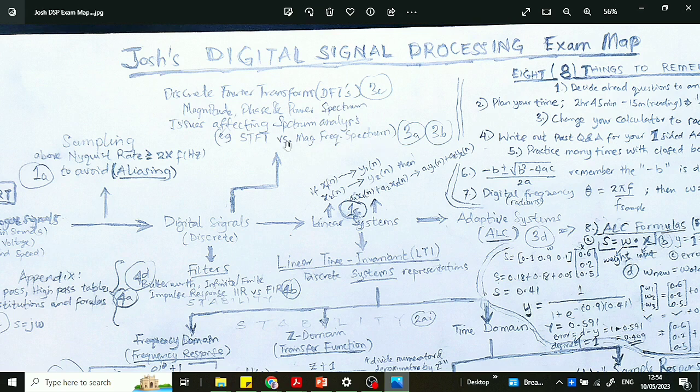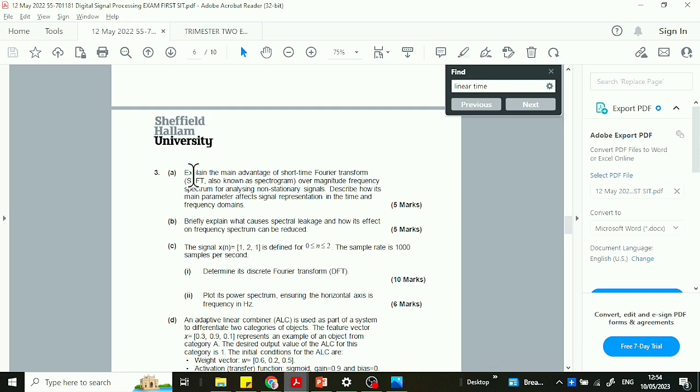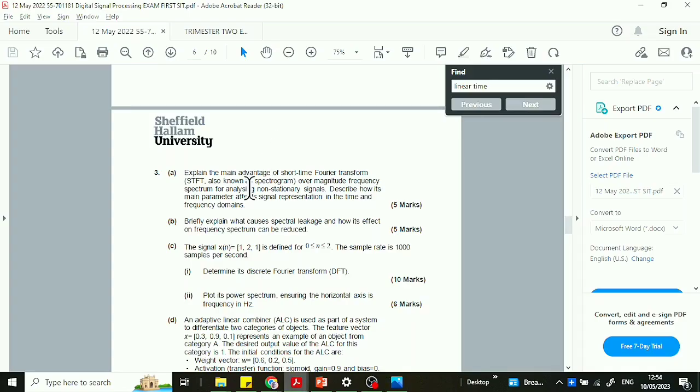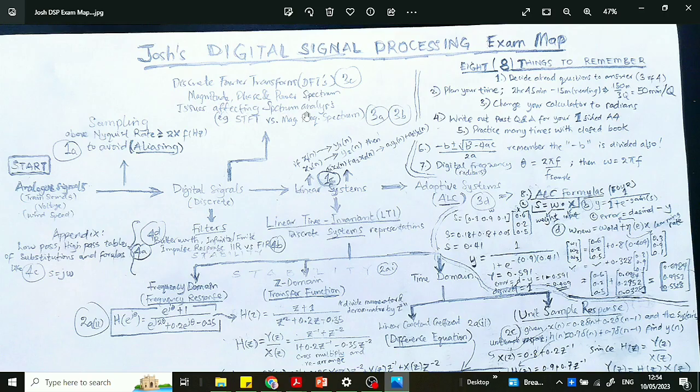You're going to find them here, 3A and 3B. These are theoretical questions: what is the difference between this and this and that? They are under this topic. So that's 3A and B.